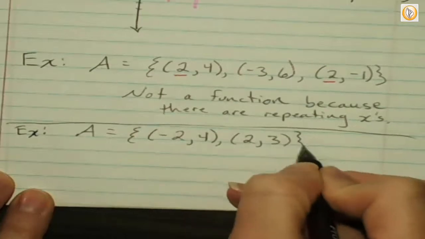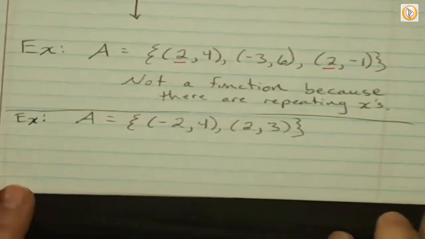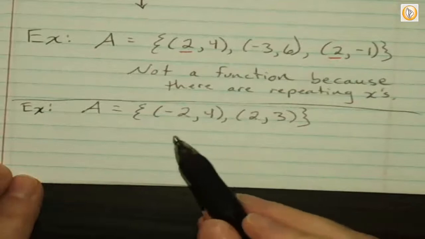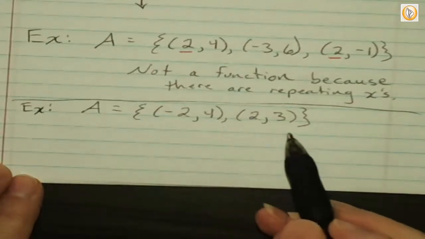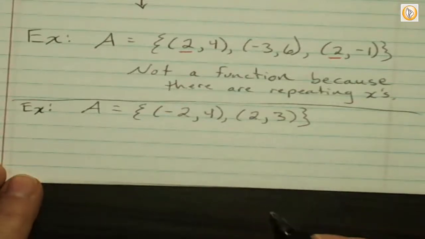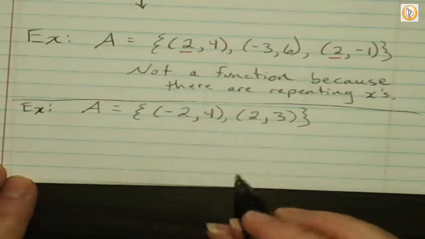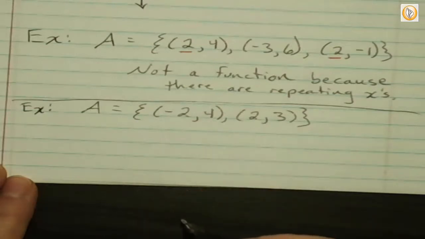All right, so the set of ordered pairs this time are -2 and 4, and 2 and 3. Don't write this out yet. As soon as you put this down, put your pencils down or whatever your writing utensil is, and I want you to pay attention first. I don't want to explain this multiple times. No? Okay, write it down.